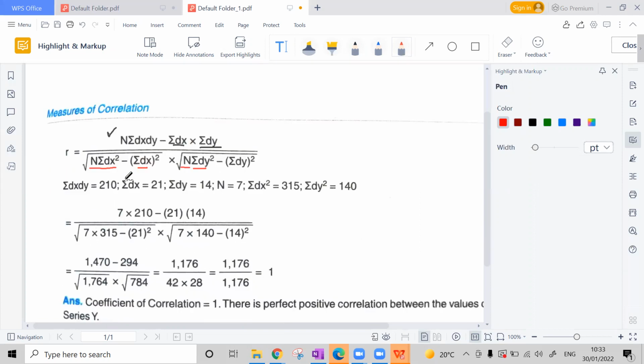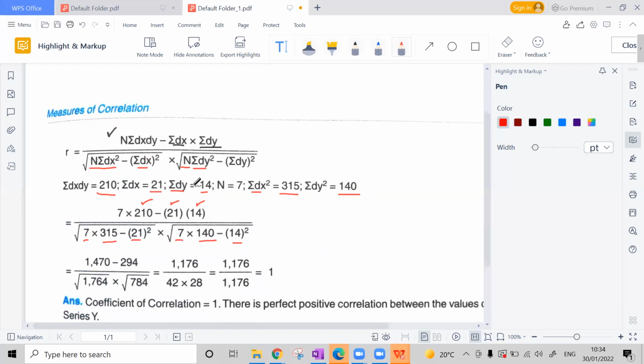Summation dx dy was 210, so I have put in 210. Summation dx was 21, so I have put in 21. Summation dy was 14, so I have put in 14. Then summation dx square was 315, and dx was 21. Coming to dy, dy square was 140, so I have taken 140 minus the whole square of dy.